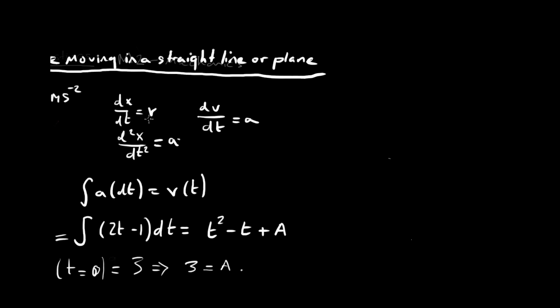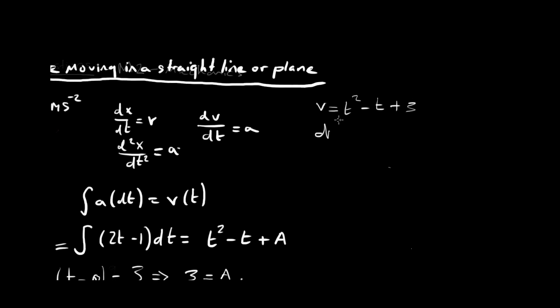So that we would do by integrating the expression for velocity. So here we had calculated that v was equal to t squared minus t plus a, and the a had been 3, so we can just put 3 here. Plus 3, and we're gonna have to integrate that.